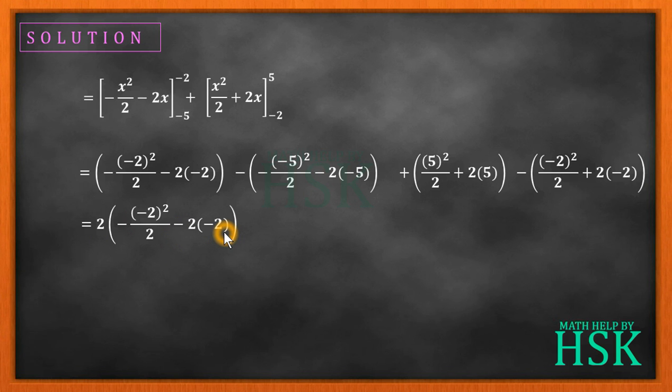Let me explain how we obtain this. On multiplying the minus sign inside this bracket, both these terms become identical, so I write it like this.